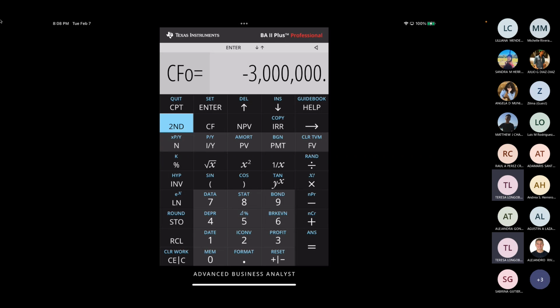So I'm going to review my numbers. Negative 3 million, 0 for C01 for 4 periods, and then 4 million in the 5th. So it keeps track for me. And then I ask it to compute NPV. So compute, oh, sorry, I hit the wrong one.